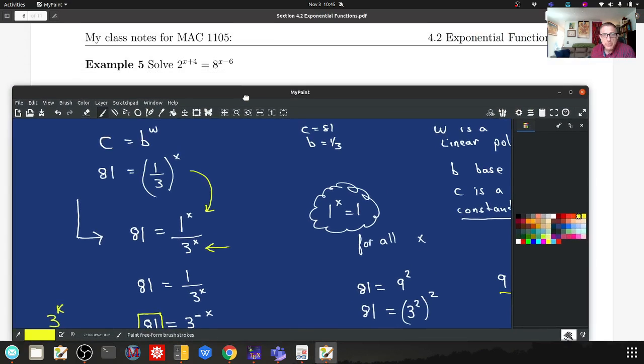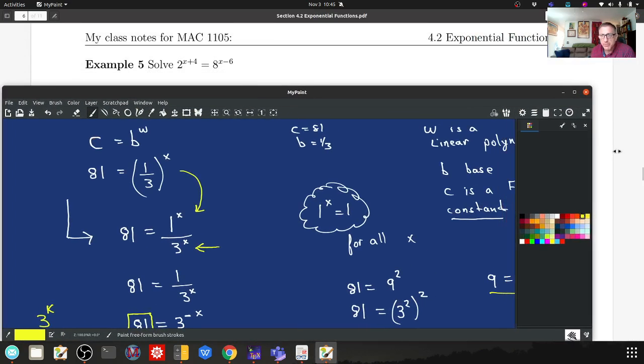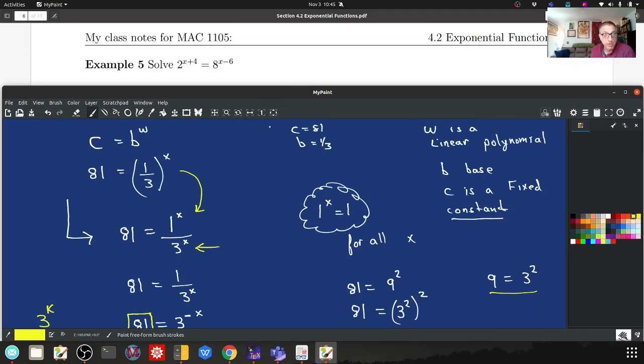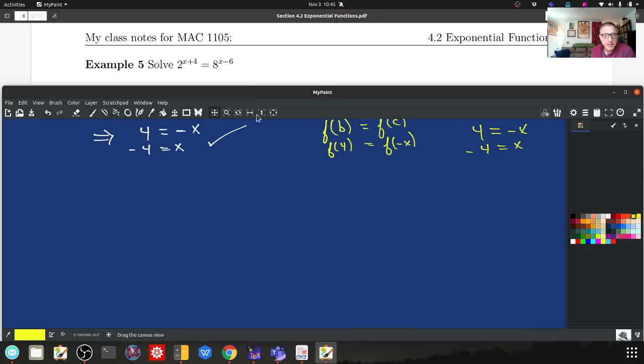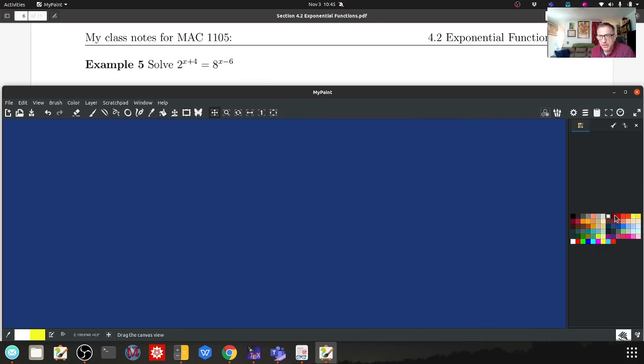So again, I just want my whiteboard here. So we have 2 to the x plus 4 is equal to 8 to the x minus 6. Now 2 is less than 8, so what I would like to do is express the right-hand side as a power of 2.